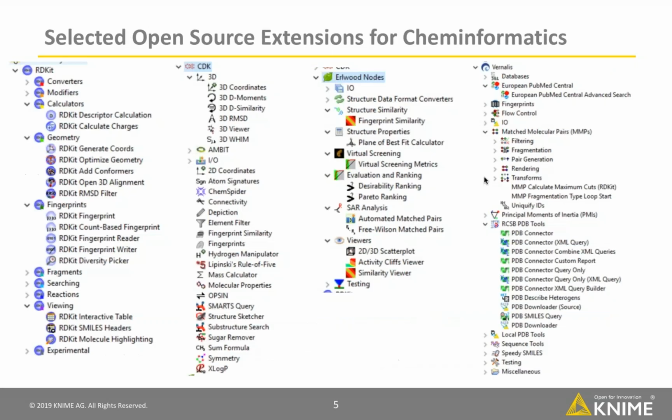And this is allowed through a variety of extensions. Some of them are open source extensions for cheminformatics, such as those present here on the slides: RDKit, CDK, the Erlul nodes, those from Vernalis, and so on. They come as part of community contributions.